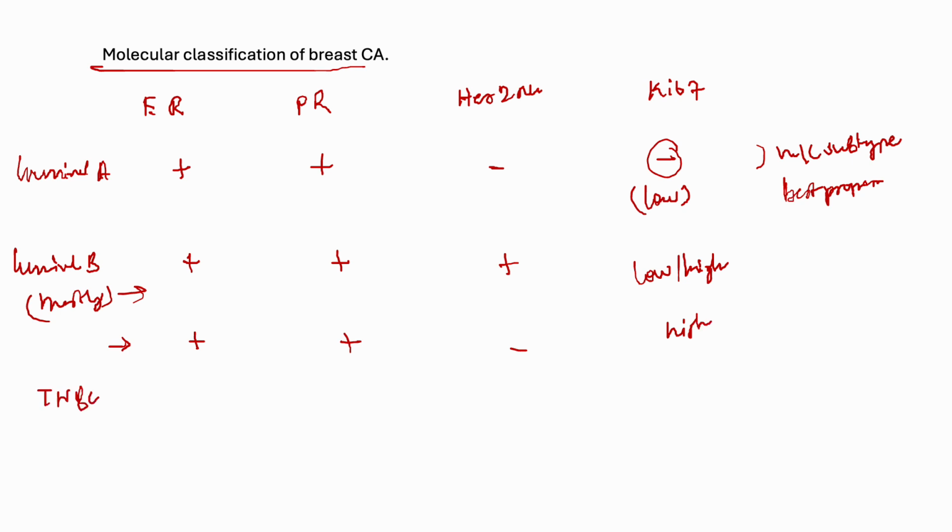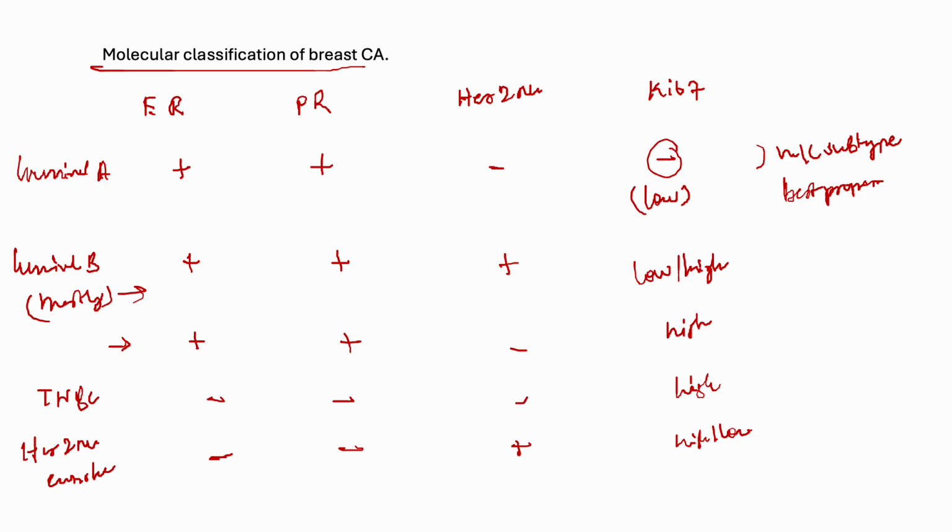TNBC, triple negative breast cancer, is negative for all three with a high Ki67. Okay, and one is called HER2/neu enriched, which is negative for ER, PR, only HER2/neu is present, and Ki67 can be high or low. Right.